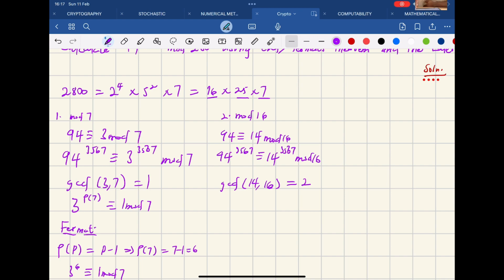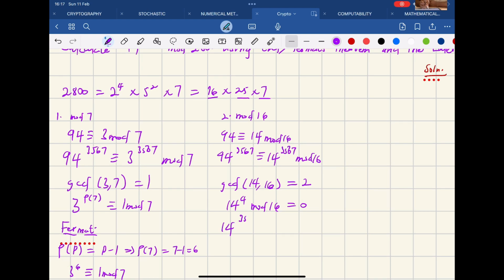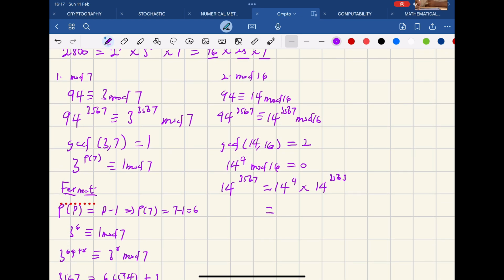So what do we have to do? We can use the first exponentiation method that I used last time, or simply check 14 raised to the power 4 in mod 16, which is 0. Knowing this, 14 exponent 3567 is the same as 14 exponent 4 times 14 exponent 3563, using indices. Since 14 exponent 4 is equal to 0, whatever value is in the other factor does not matter.